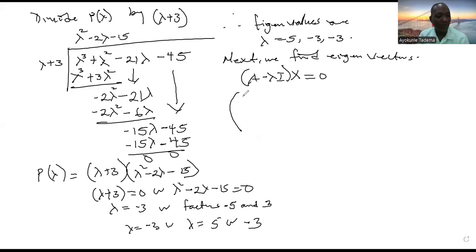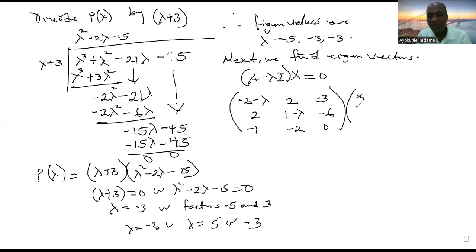A minus lambda I is minus 2 minus lambda, 2, minus 3; 2, 1 minus lambda, minus 6; and lastly minus 1, minus 2, and 0 minus lambda, times X1, Y1, Z1.